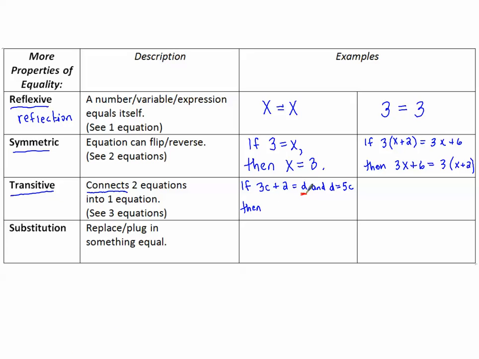Notice how both of the equations have d in it. So I take out the d, almost like the substitution property that we're going to look at next, and I replace it with what it was from the other equation. So 3c plus 2, the d goes away, and the 5c is connected to that first equation. So one equation, two equation, three equations.